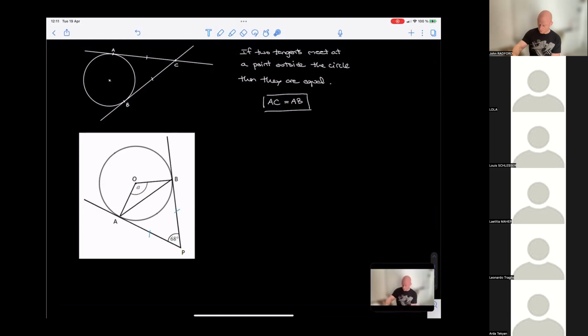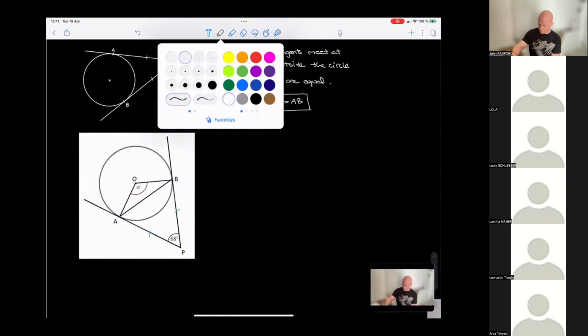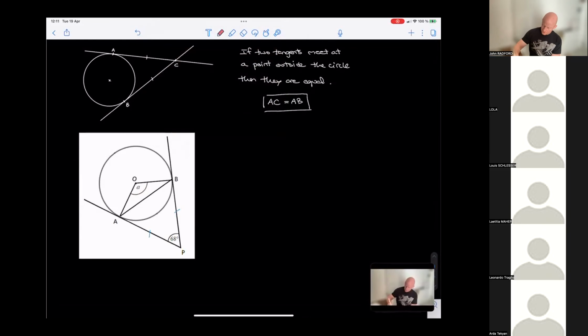First of all, because PBA is an isosceles triangle, this angle and this angle must be equal. Hopefully we're okay with that. And I'll be super creative again, and I'll just call that angle X. Okay, I've got two times the same angle there.